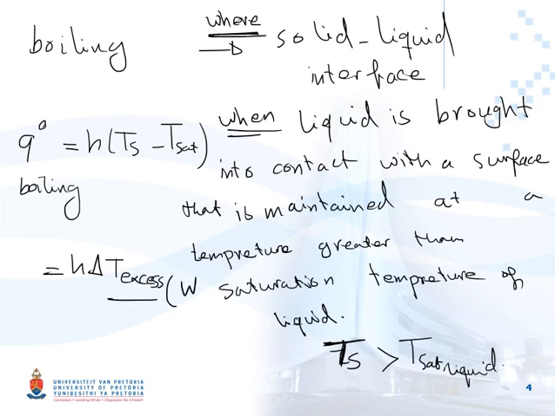The unit is watt per square meter. Very simple. But of course h here is the boiling heat transfer coefficient, so we show it the same, but it's different from h that we use for convection heat transfer.